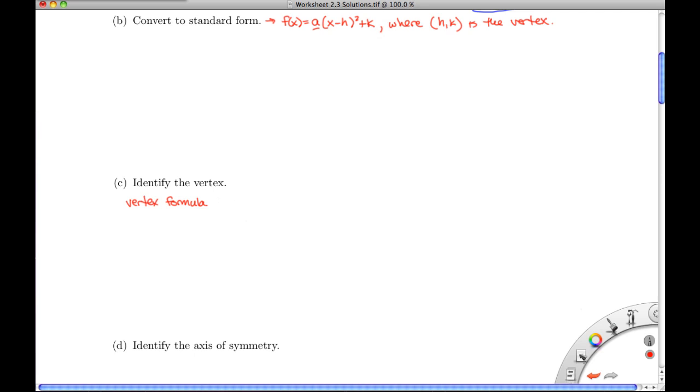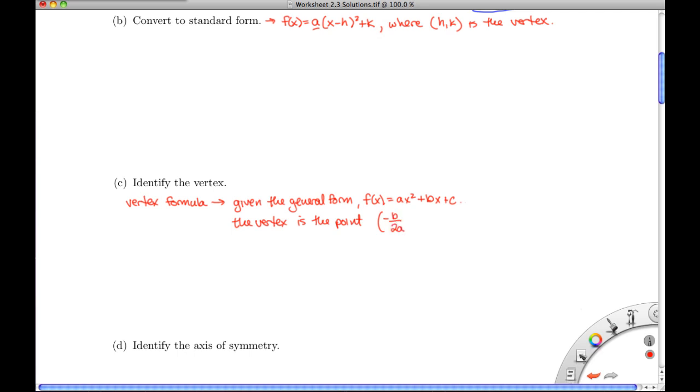So the vertex formula tells us this. Given the general form of a quadratic, meaning f of x is equal to ax squared plus bx plus c, then the vertex is the point, and this takes a little bit of calculation, minus b divided by 2a.